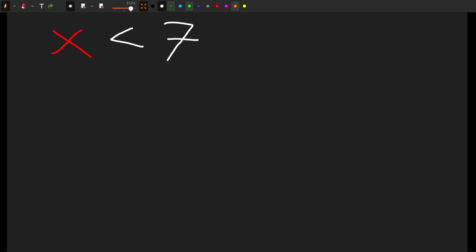Well, we can't really use a t-chart, or actually we could use a t-chart. We can't use slope-intercept form really because we don't have y, but like I said just earlier, we can use a t-chart.